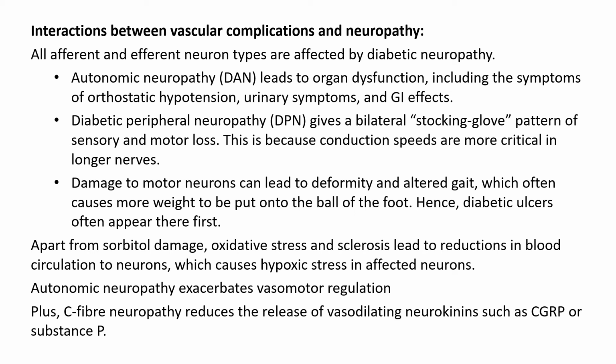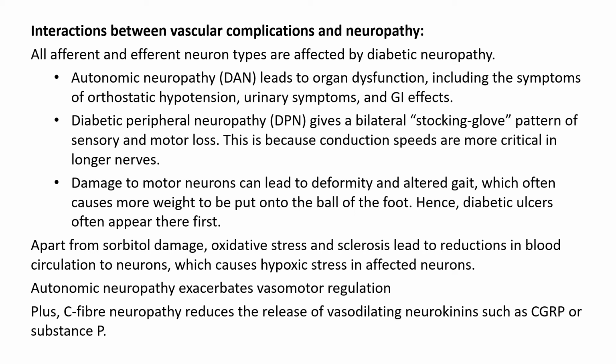So we have calcitonin gene-related peptide, which binds directly and causes the relaxation of smooth muscle cells of the vasculature, causing vasodilation. Or we have substance P, which degranulates mast cells, which of course releases histamine, which is a vasodilator.